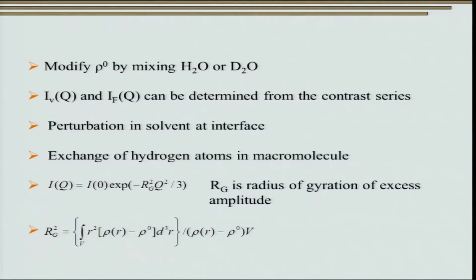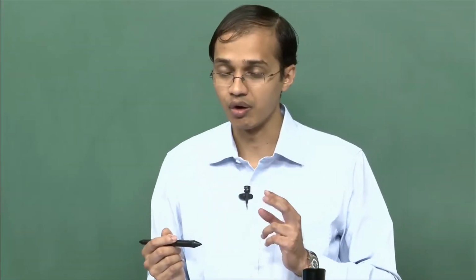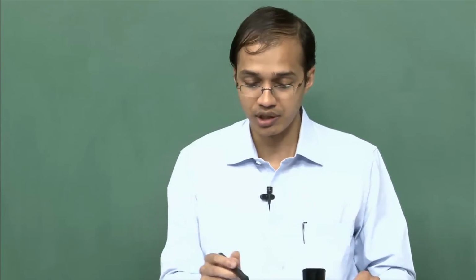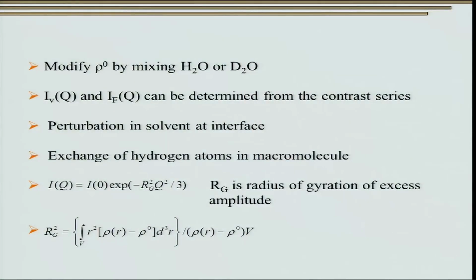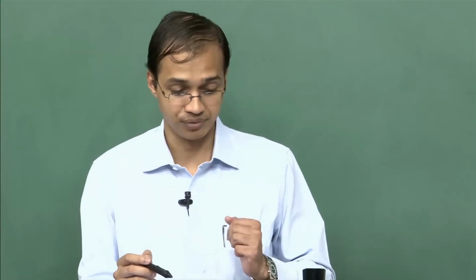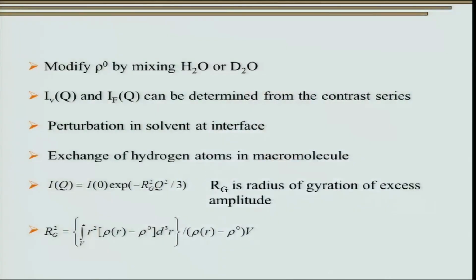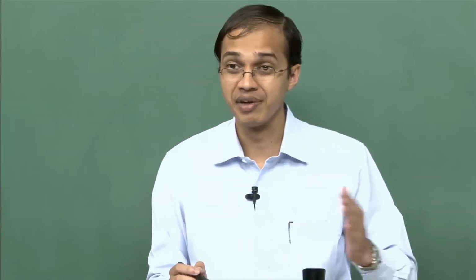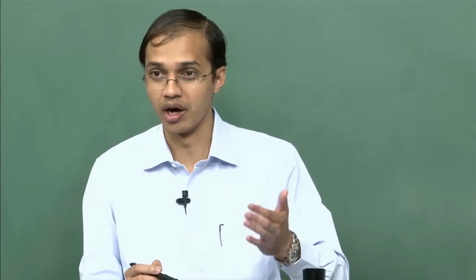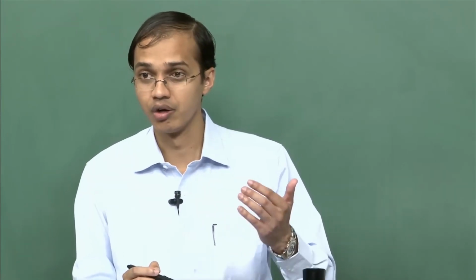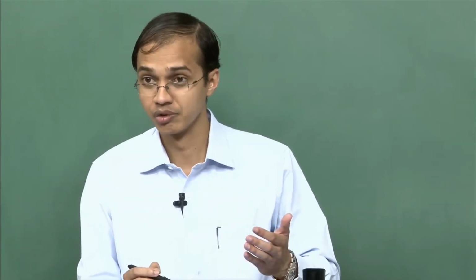Having said that, there are however two problems. The first problem is that there is perturbation in the solvent at the interface. If we change the solvent, there is almost always some perturbation, so the perturbation level may change. At the same time, if you are putting water in a solvent, what may happen is that the hydrogen in your macromolecule may get exchanged with the hydrogen in the water that you are adding.